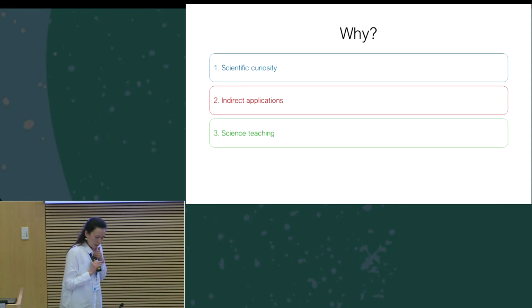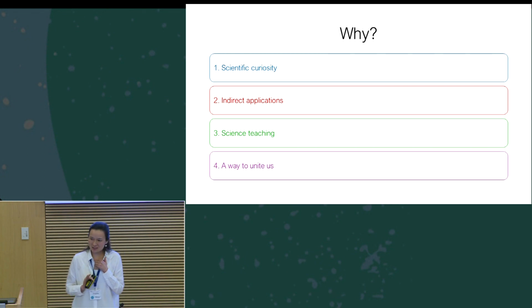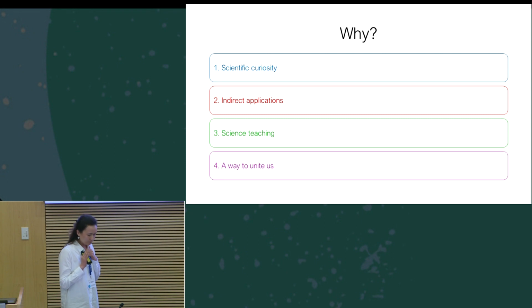Another reason why we should do particle physics is science teaching. Our community, CERN in particular, has lots of programs for high school students and undergrad students, which really encourages the young generation to be involved and excited about science. I think it's important. And the last reason I want to highlight is that this field is a great way to unite nations.